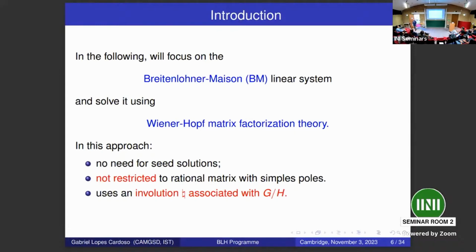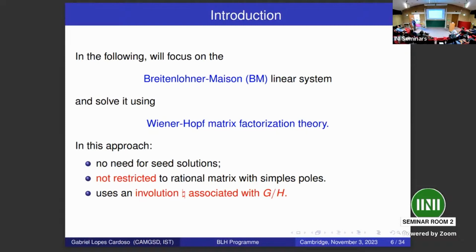So what the Breitenlohner-Maison linear system does is, it uses group theoretical or Lie algebra ingredients that are encoded in this coset space, G mod H. So this is to contrast the Breitenlohner-Maison linear system approach with the Belinsky-Zakharov approach.